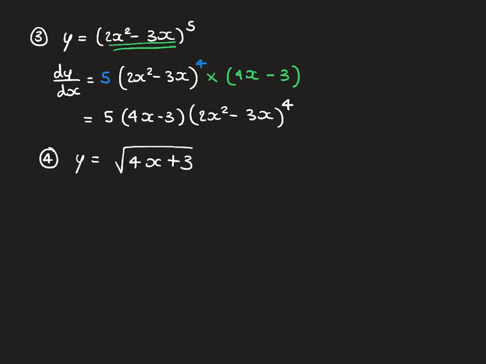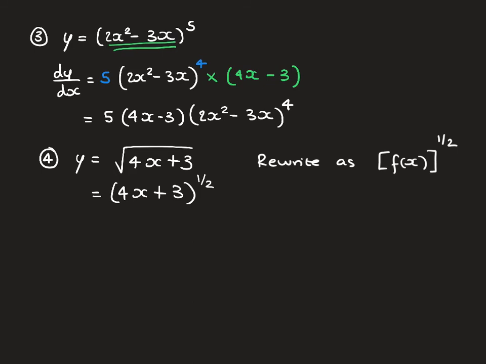Now, question 4 is an interesting one because people don't always recognise that this is a power function. So we want to rewrite this as the inner function f of x raised to the power of a half rather than as a square root. So we want to rewrite this as 4x plus 3 to the power of a half.